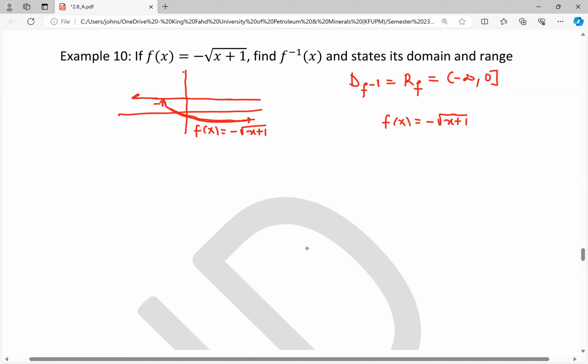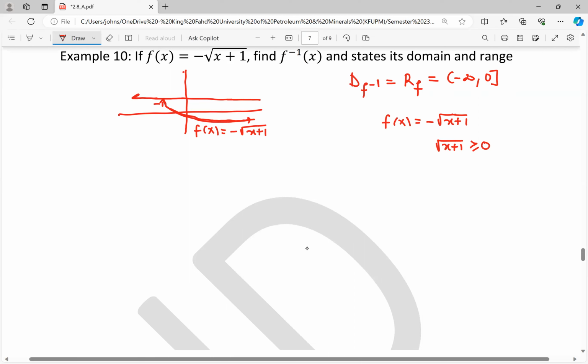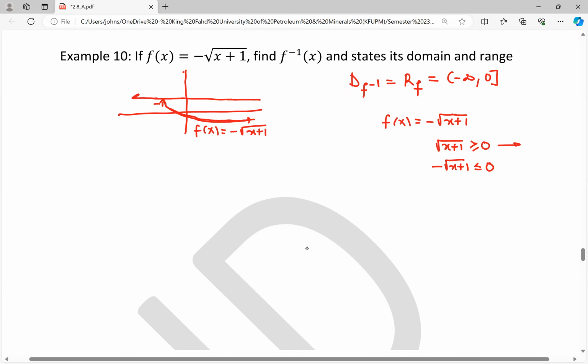So what do we know about the roots? This is an even root, it is always positive, non-negative. So this is always true. So if you multiply it by minus, you have minus root of x plus 1 is less than or equal to what? 0, right?